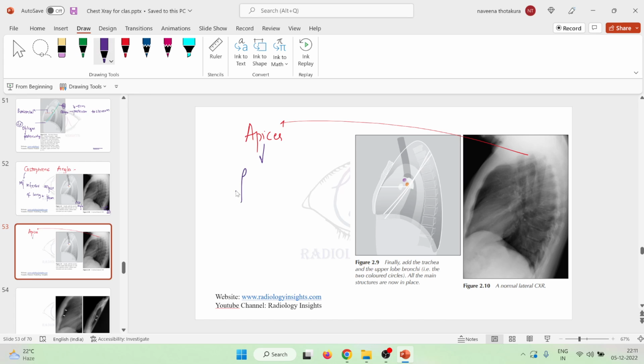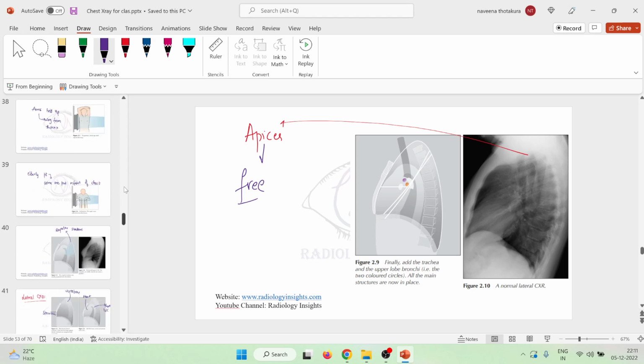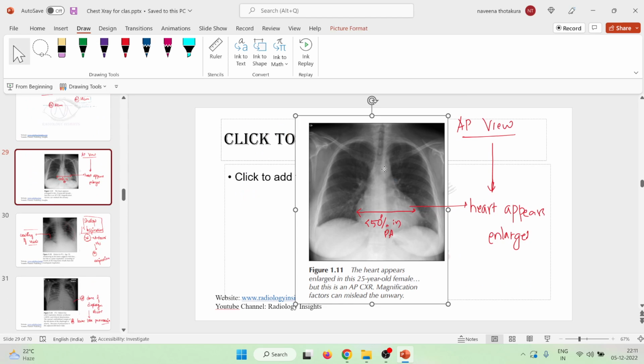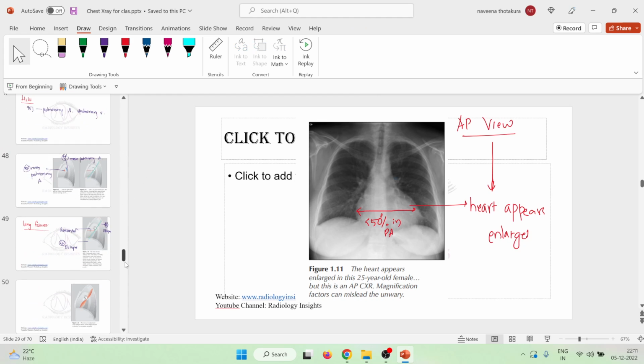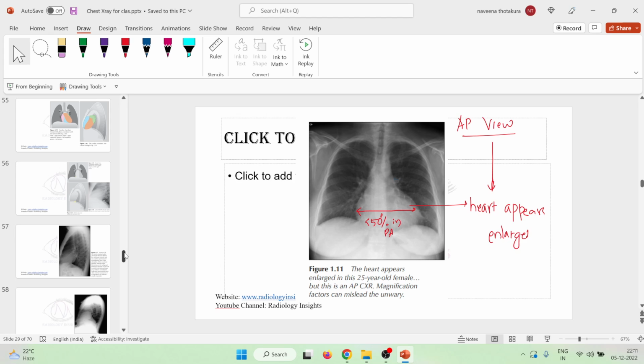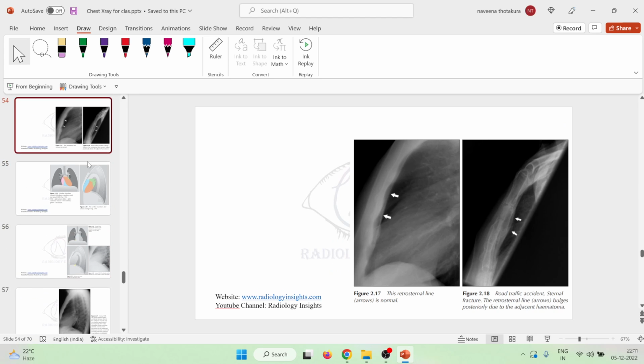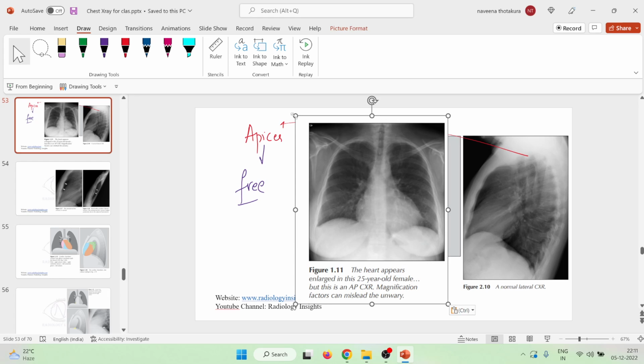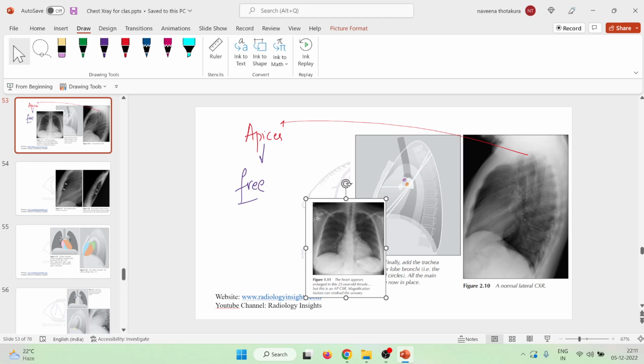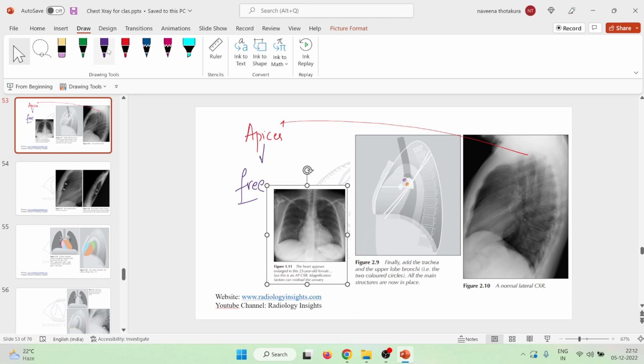In this normal frontal chest X-ray, you will see that the apices are covered by ribs and bony spaces. So it is very difficult to find lesions in the apex in the normal frontal chest X-ray. But in the lateral chest X-ray, it is easier.